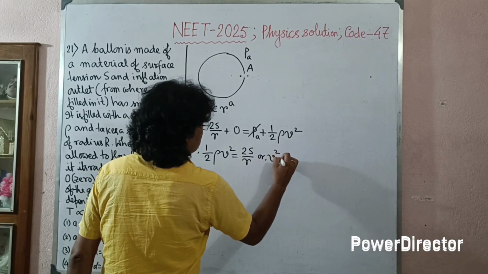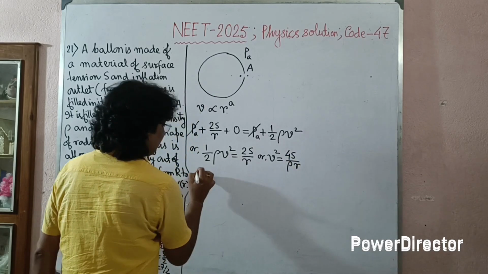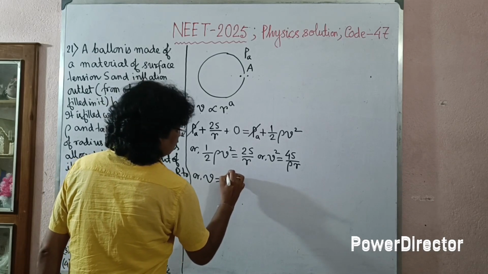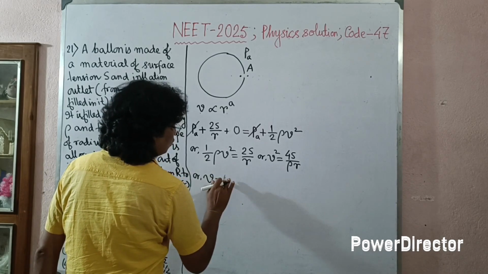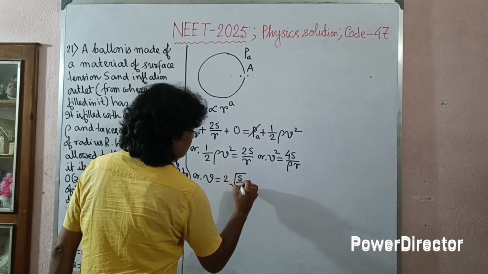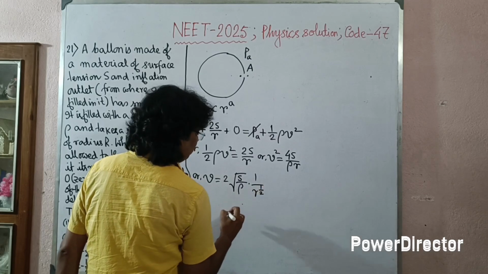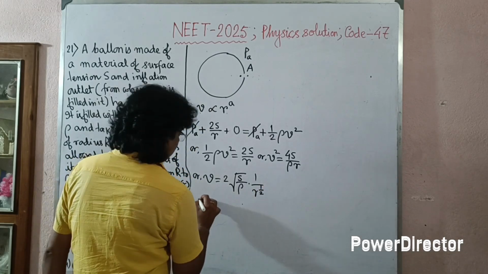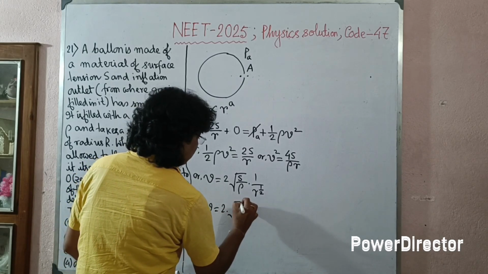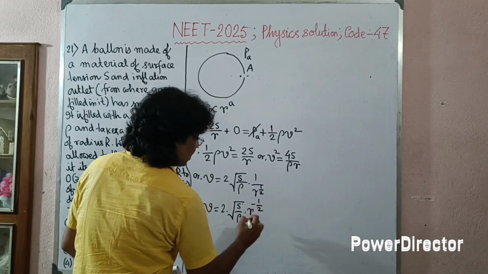or v square equal to 4S by rho r, or v equal to 2 root S by rho, 1 by r to the power half, or v equal to 2S by rho, r to the power minus half.